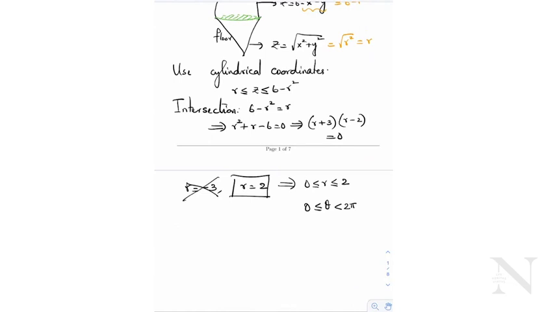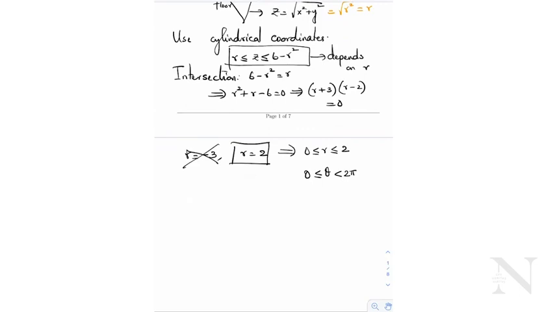So that's it. Okay. So we have the z limits here and the r and theta limits. Okay. You should keep in mind that z depends on r. Okay. So don't start splitting the integral from the very first step. Be careful when you're doing this. Okay, so the volume would be the triple integral of 1 dV.